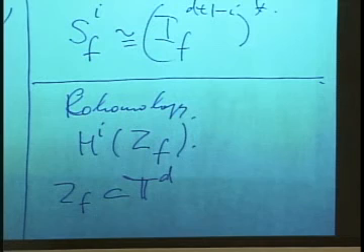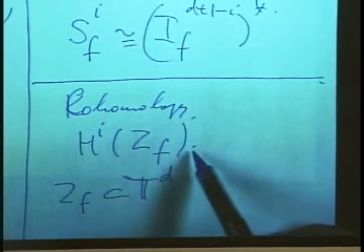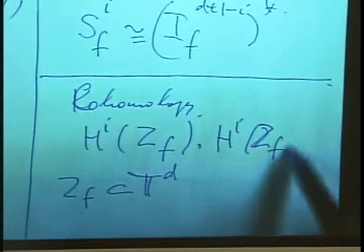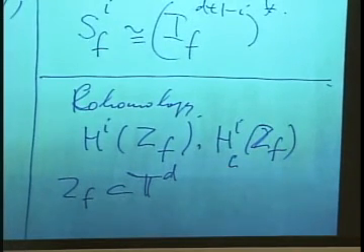For this reason, it's more natural to consider not only usual cohomology, but also cohomology with compact supports. Cohomology with compact supports is necessary if you would like, for example, to apply a cohomological formula like the number of fixed points using the trace of the action in cohomology.